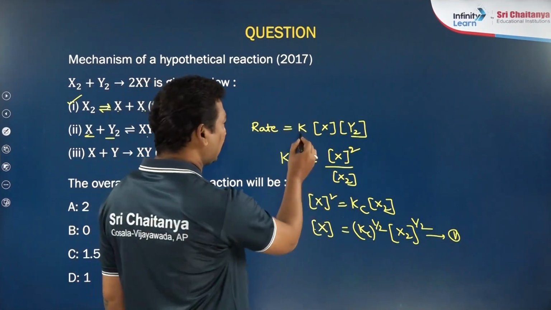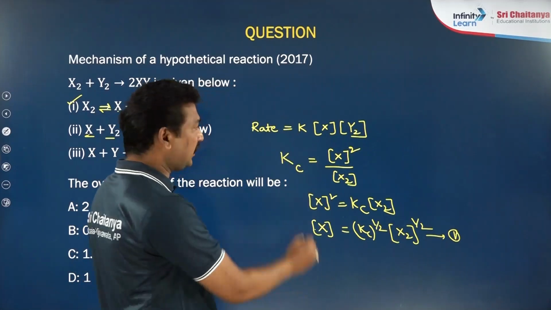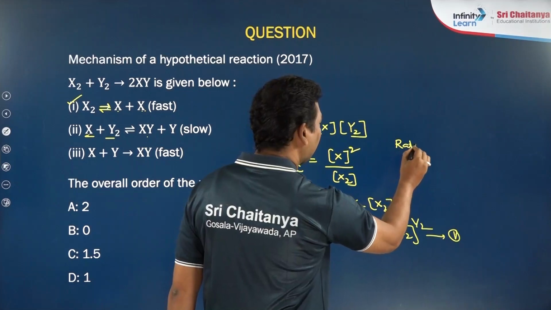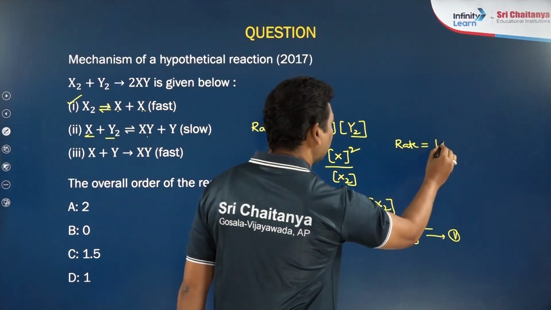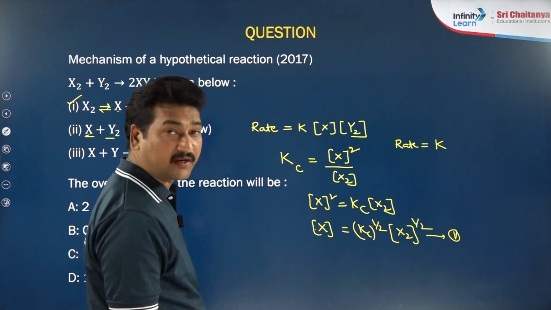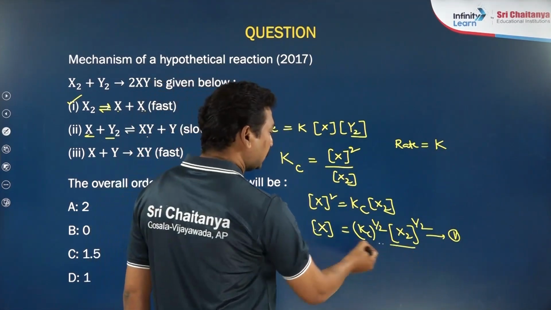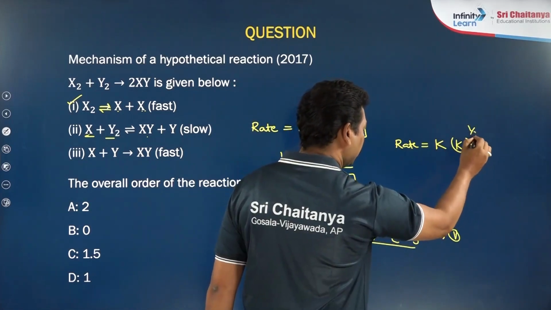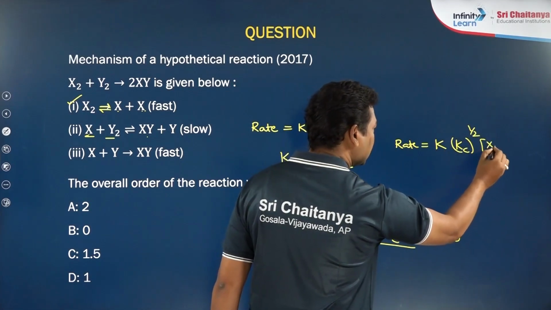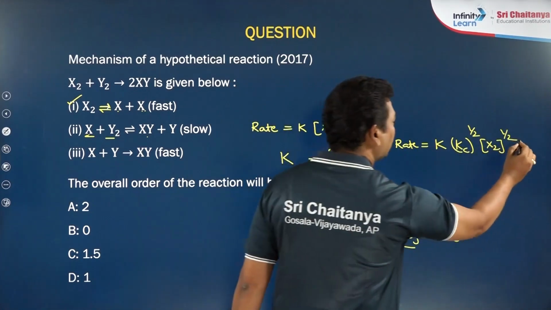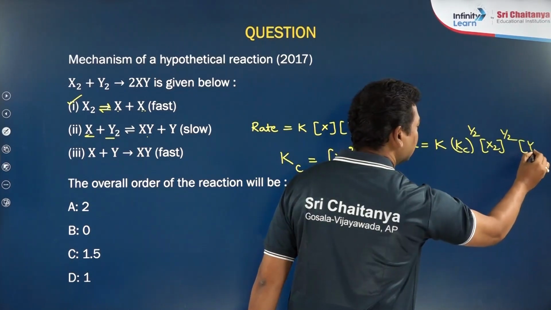Substituting 1 in the rate expression, what is the rate expression that we had? Rate is equal to rate constant K into, in place of molar concentration of X, we can write equilibrium constant to the power of 1 by 2 into X2 concentration to the power of 1 by 2, into Y2 as it is.